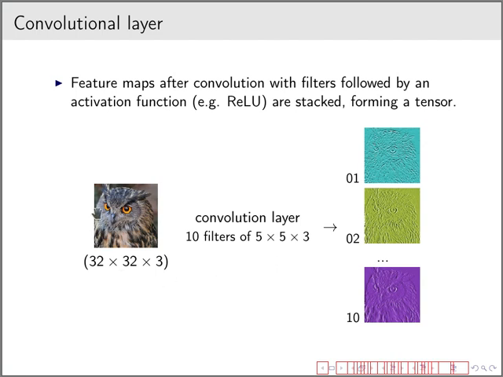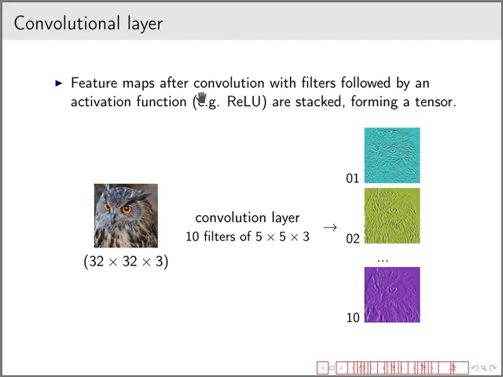That means for each pixel of this image I produce a single value here. And because I have 10 filters, I have the same image filtered using 10 different filters. That means 10 different images. I just illustrate those in different colors here.